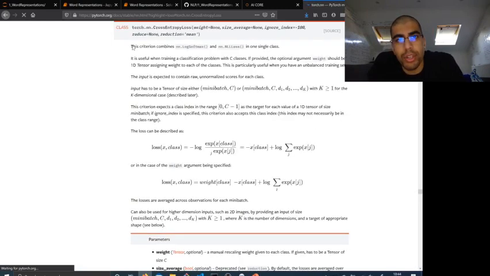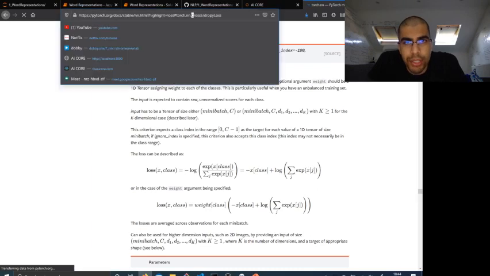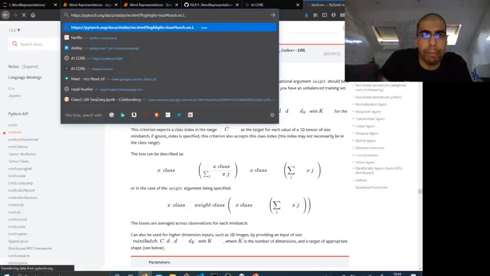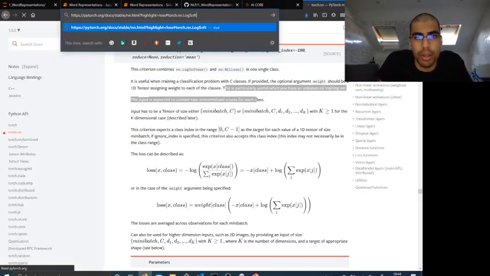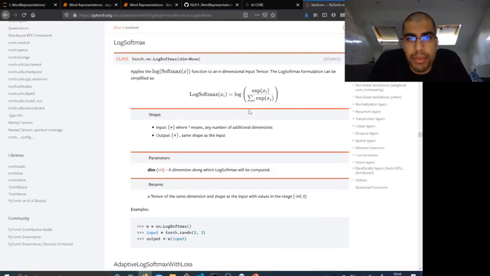Okay, this criterion combines log softmax and negative log likelihood into one single class. And to answer that question that somebody asked earlier on about what base the log is in, let's look at what log softmax does. It applies the log of softmax x.